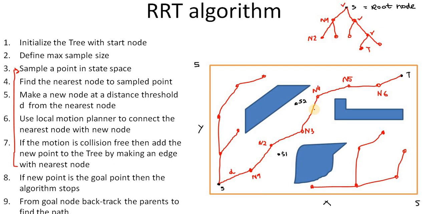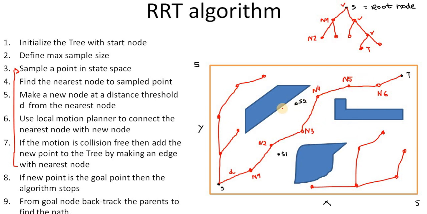But its advantage is that it is fast. You see that it has found the path with a very small number of nodes. But if you had to do the same thing with the grid search method, you would have to use a lot of cells, maybe 5 by 5, 25. You would have to use 25 nodes here.